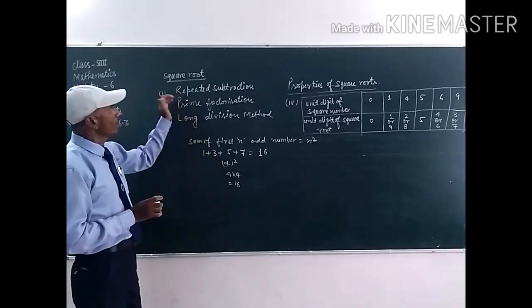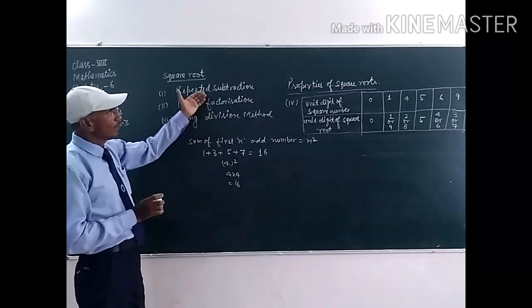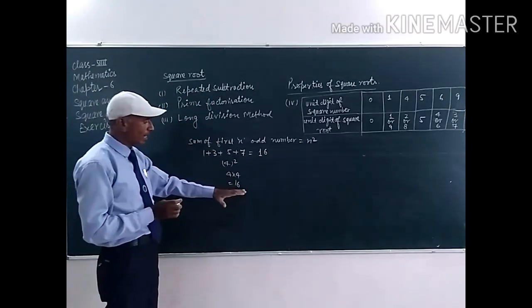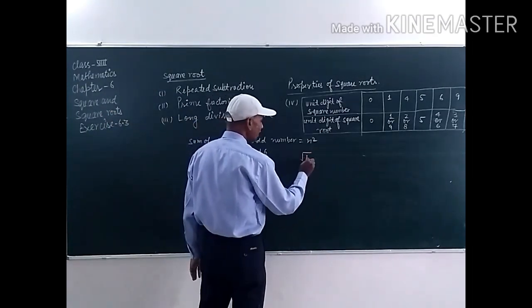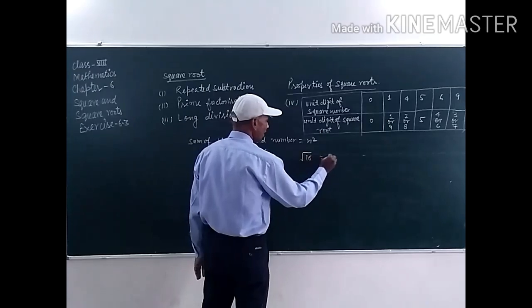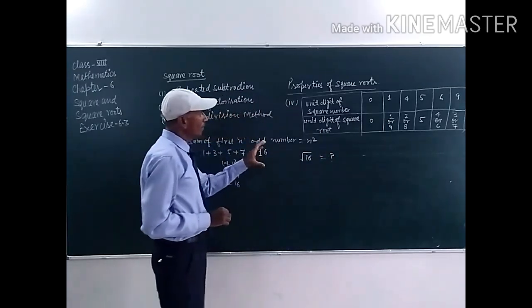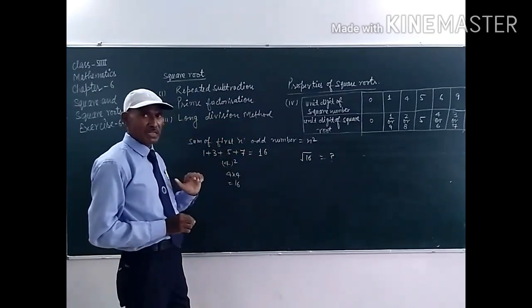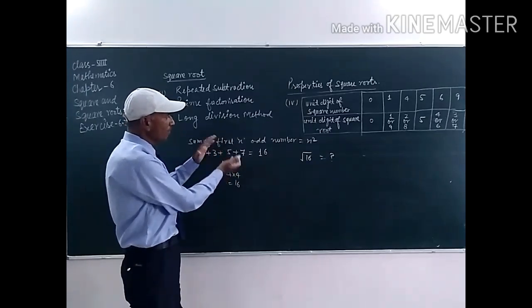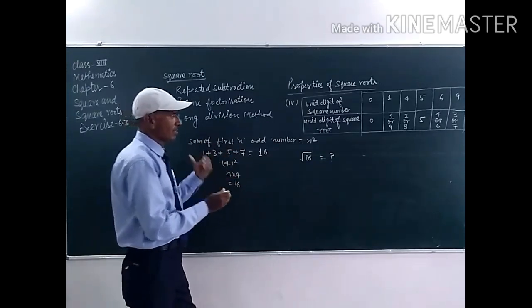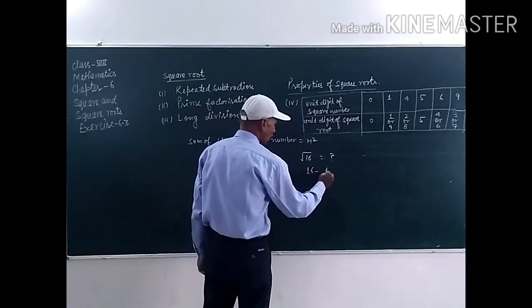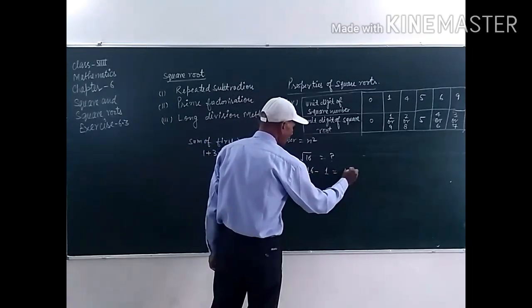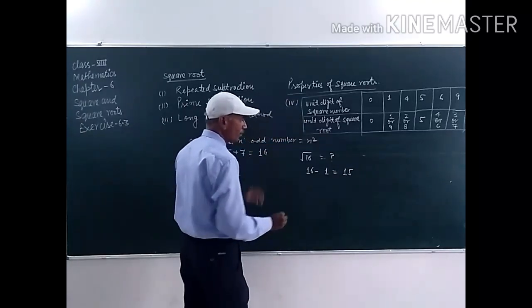So, using the repeated subtraction method, we have to find the square root of 16, student. What will be the square root of 16? We will use the repeated subtraction method, the inverse of this. 16 minus 1 is equal to 15. This is the first step.